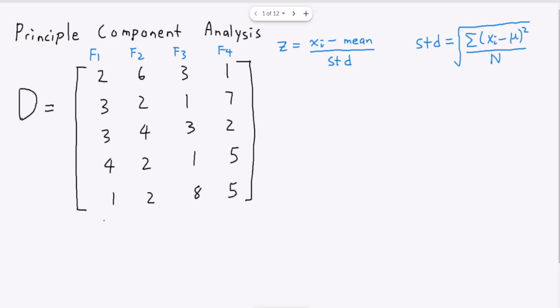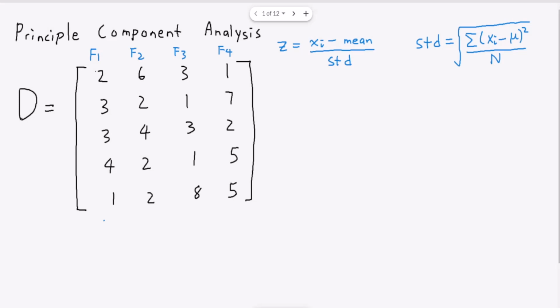Okay. So how do we standardize our data? Let's take a look at the top right over here, this z value. Standardizing our data is taking each of these data points, subtracting the mean of our features, and dividing by the standard deviation of our features as well.